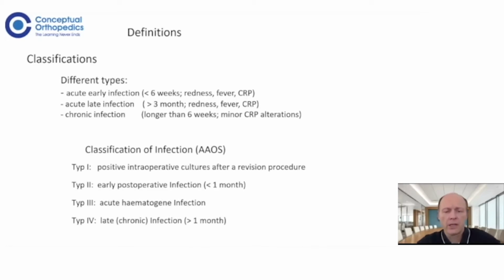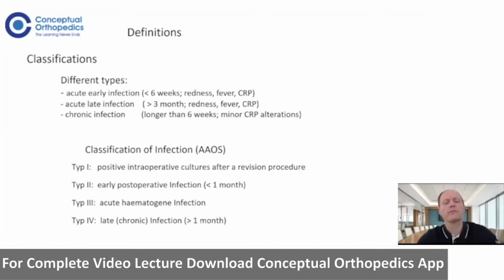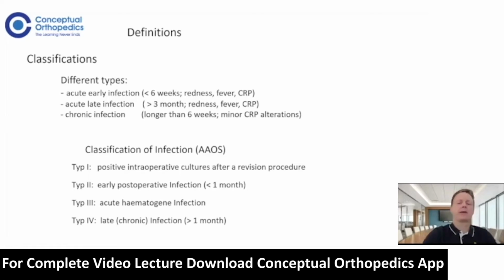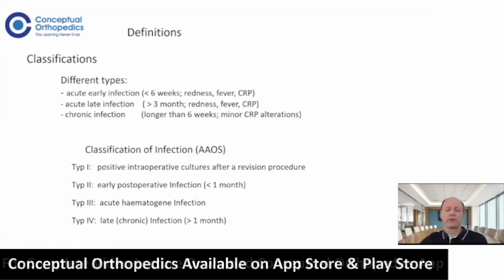This is the classification from the American Association. It's quite similar. I think they have added the type 1, which is maybe not mentioned in the old classification. Type 1 is a positive intra-op culture after a revision procedure. Those are misdiagnosed, chronic infected cases that became obvious during the revision procedure.